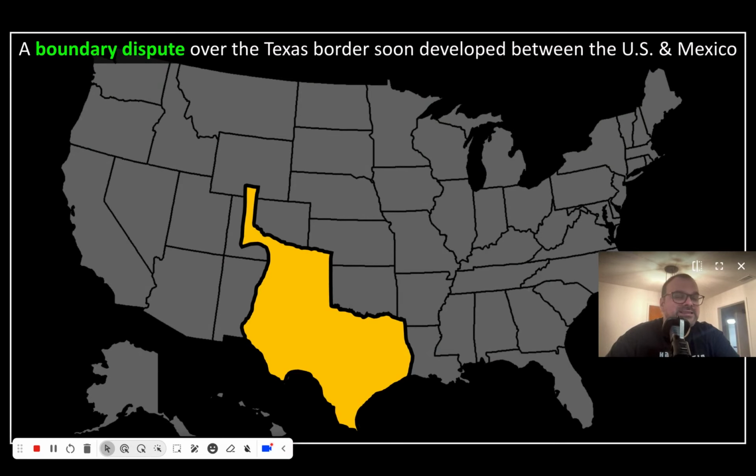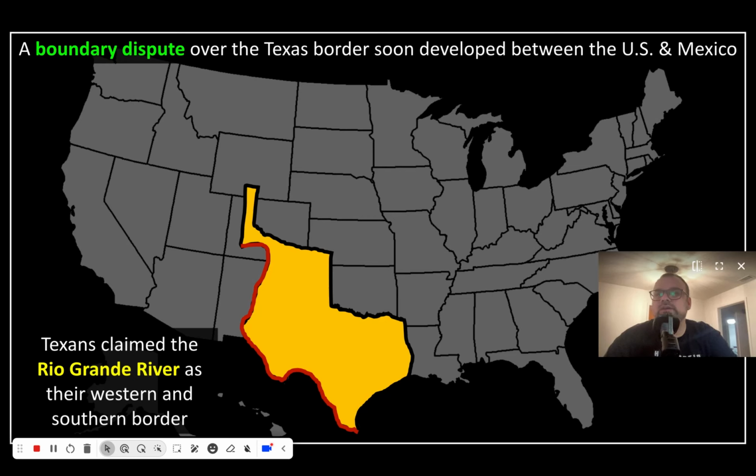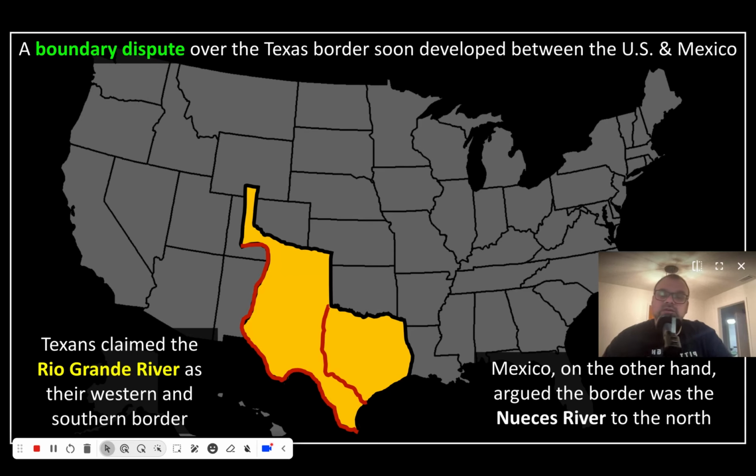Now, the Texans, and then supported by James K. Polk later, claimed that the Rio Grande River was the western and southern border. So you see that highlighted here in red. The Rio Grande River comes out of what is today Colorado, makes its way south, and along the southern border, again, of what is today the border of Texas. Now, Mexico claims that the border is actually further north, that it is the Nueces River.